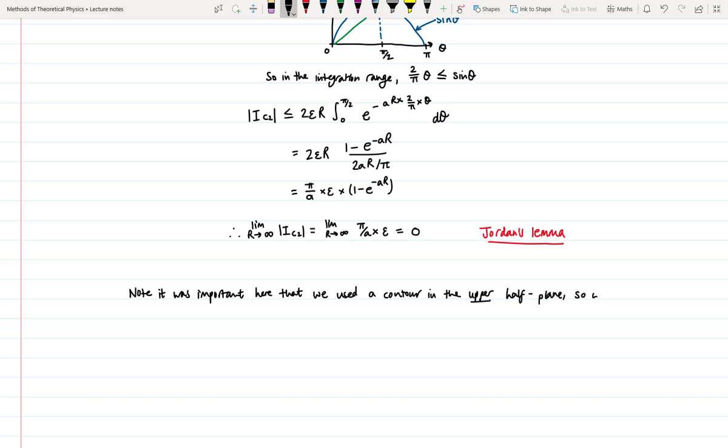And why is that the case? Well, it's because we took the real number a to be greater than 0, and that means that the exponent minus a r sine theta is negative throughout the integration range, and therefore, as we saw, yields a negligible result in the contribution C2.